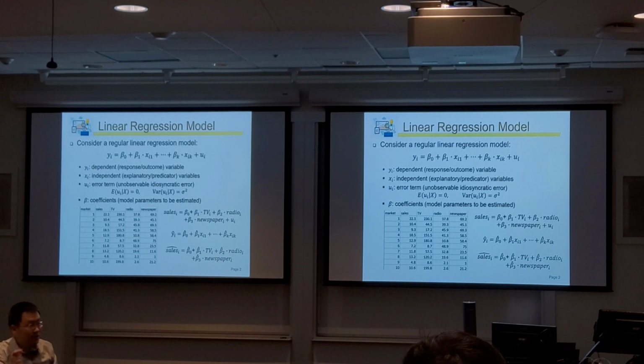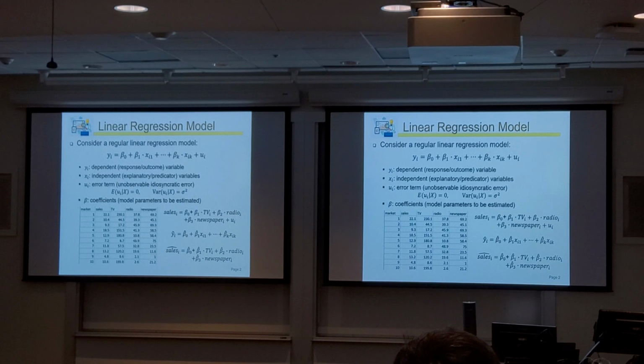A person staying in school for a shorter period of time is more likely to have a lower error term value. If that's the case, what would happen? So this assumption will be violated.